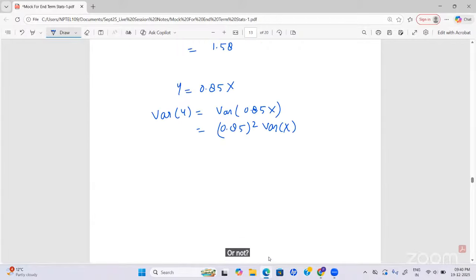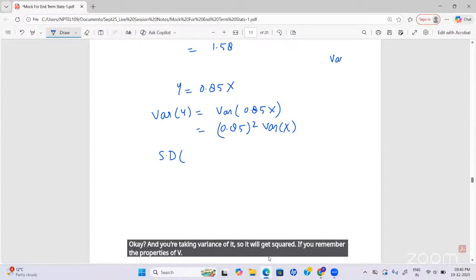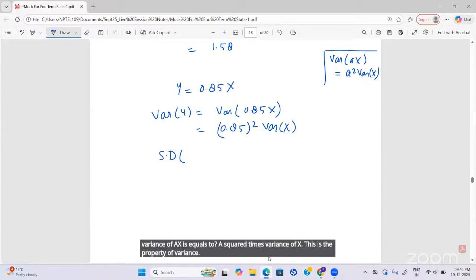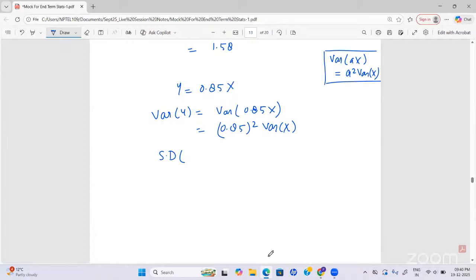Ma'am, why are we taking the square? If you have a constant which is multiplied with x and you are taking variance of it, it will get squared. If you remember the properties of variance, variance of ax is equal to a square times variance of x. This is the property of variance.